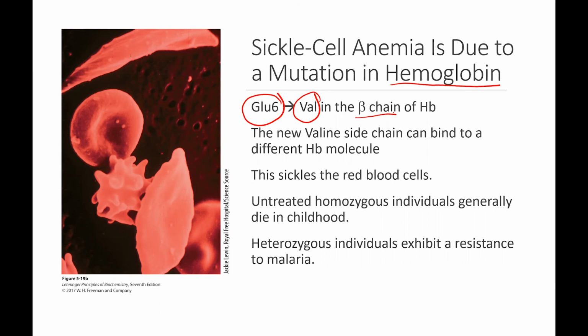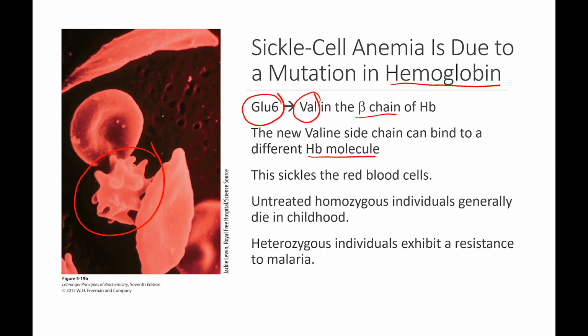The valine side chain, when it is added in, can actually bind to a different whole complex molecule of hemoglobin. That means just changing this one amino acid allows a whole hemoglobin complex to now interact with other hemoglobin complexes. And ultimately, this sickles the red blood cells. They get this kind of jagged shape.